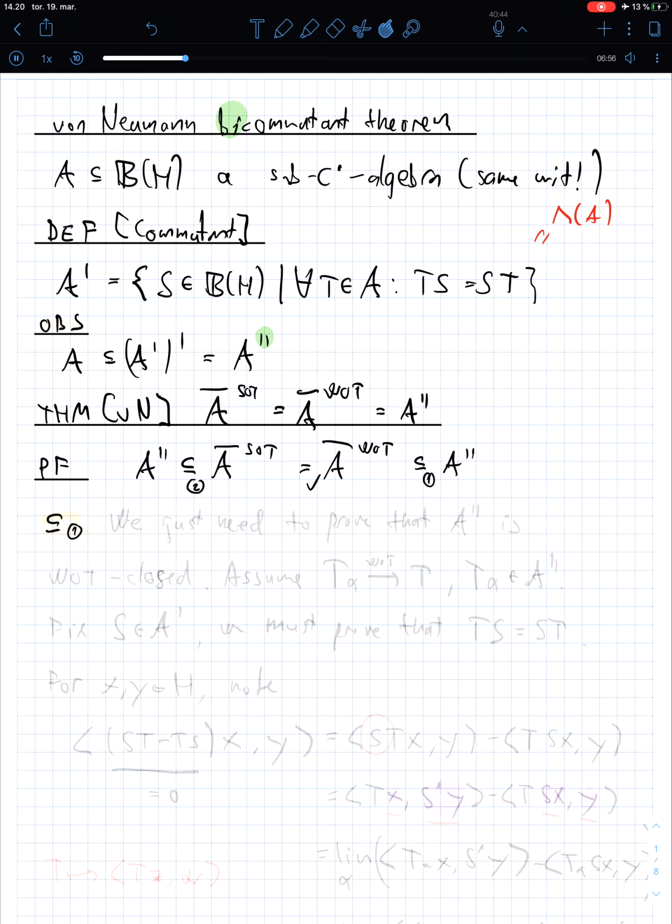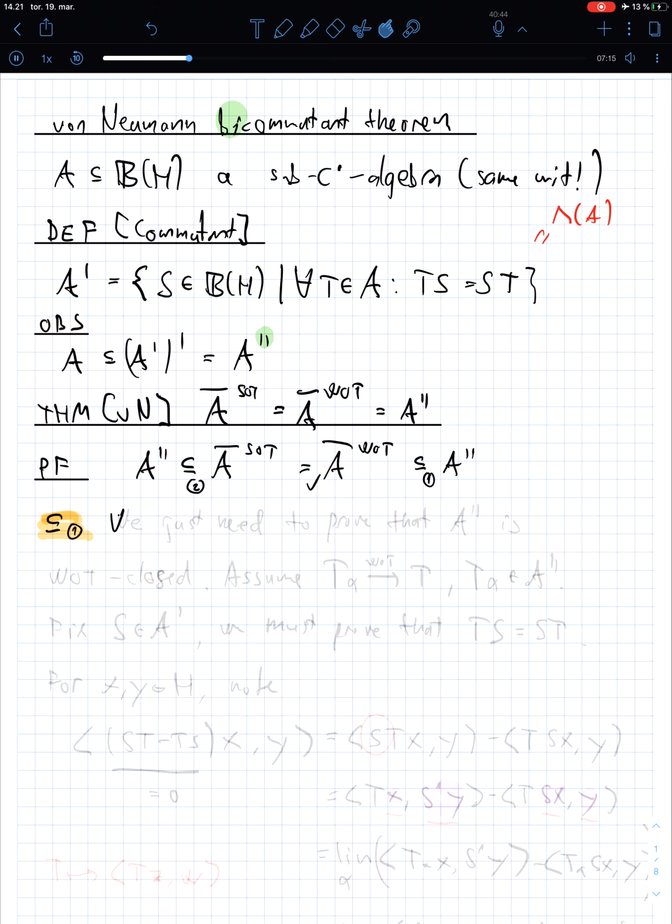So how do I prove this? I'm going to establish that the weak operator closure of A is contained in the bicommutant.